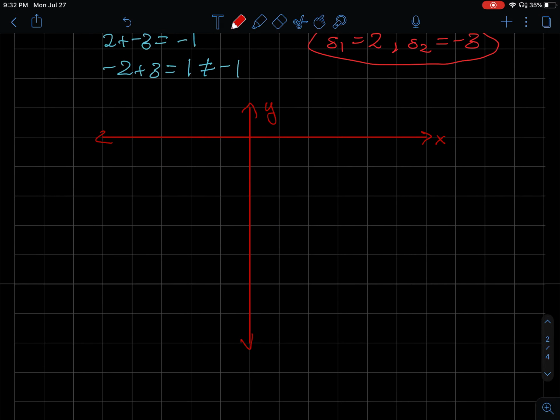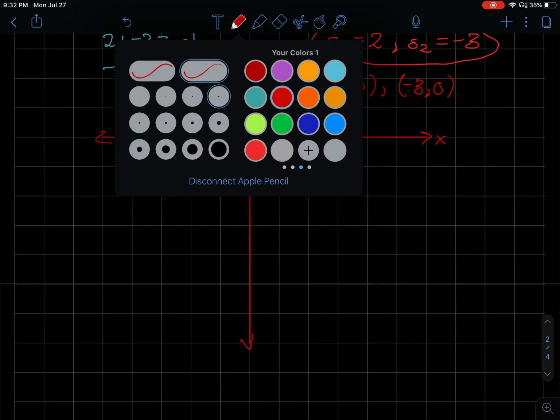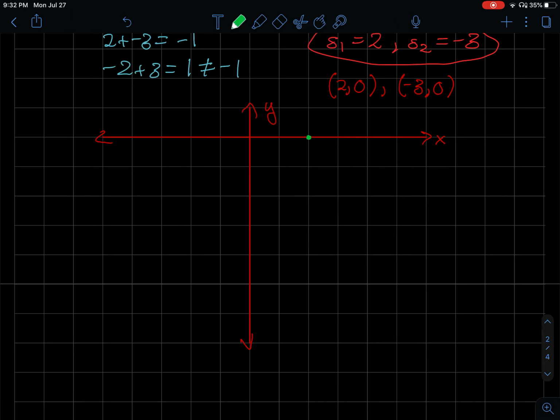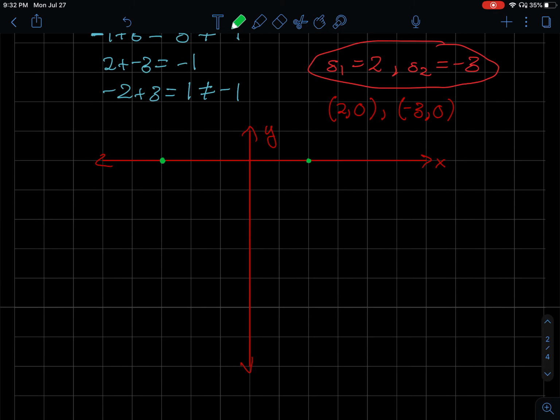So the roots are (2, 0) and (negative 3, 0). (2, 0) is over there. (Negative 3, 0) is right here. Those are exactly the x-intercepts we found in the previous video. And that can't be a coincidence, right? So that's proof to you that Vieta's formulas actually work, and it's not just something I'm making up.